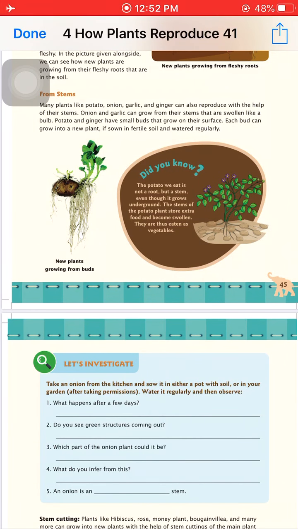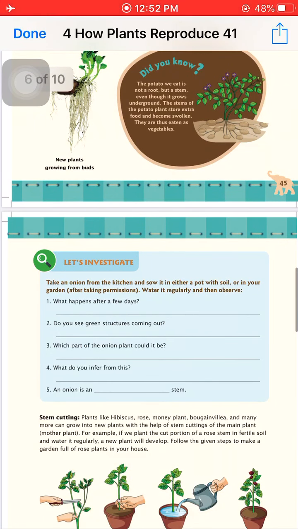Now we do one activity verbally. Take an onion from the kitchen and sow it either in a pot with soil or in our garden. Water it regularly and then observe.